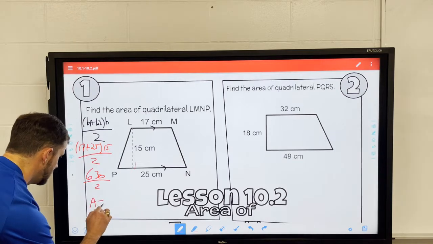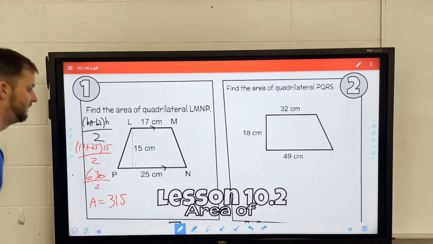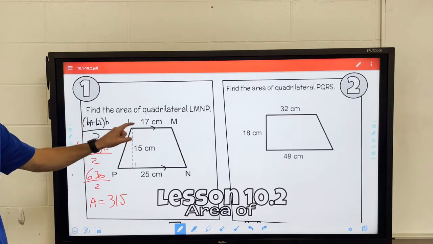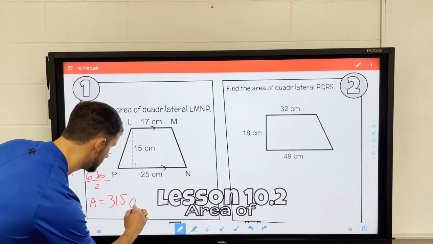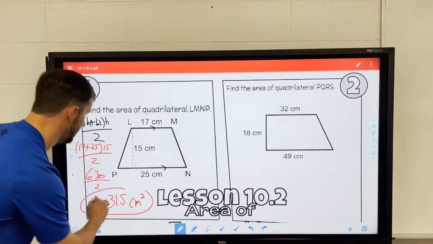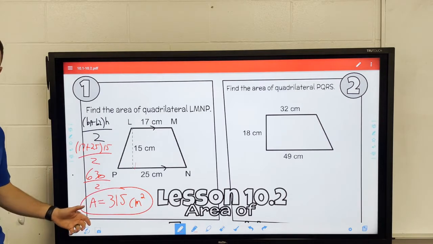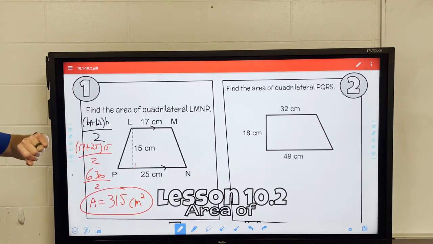So the area of my trapezoid is 315. Remember, I'm dealing with area, so I have to square the units. So centimeters squared is your answer here. Okay? Super simple. Let's jump over to example number 2.